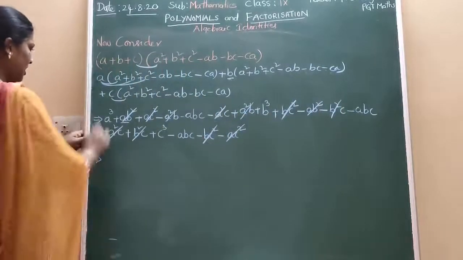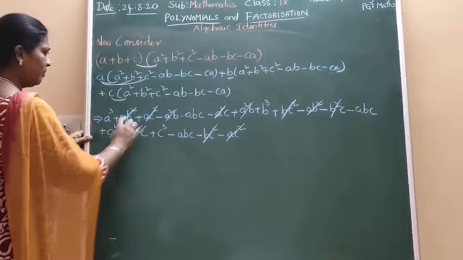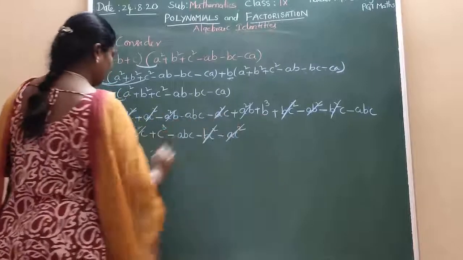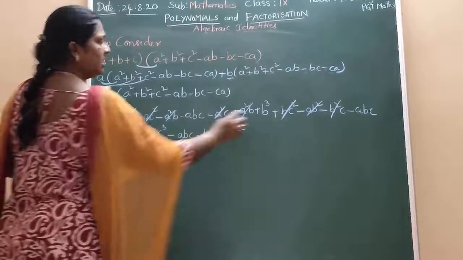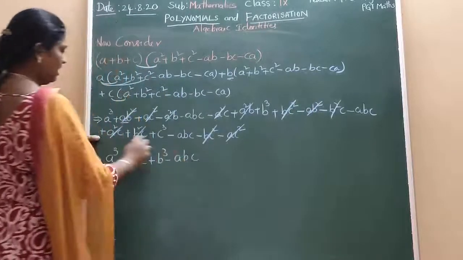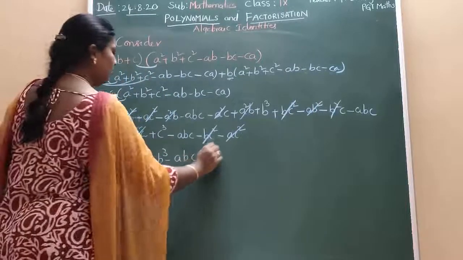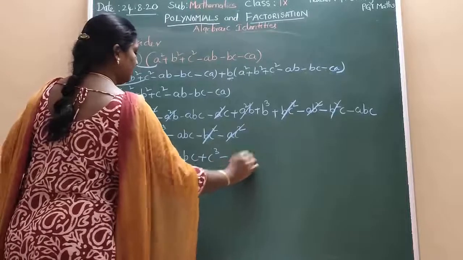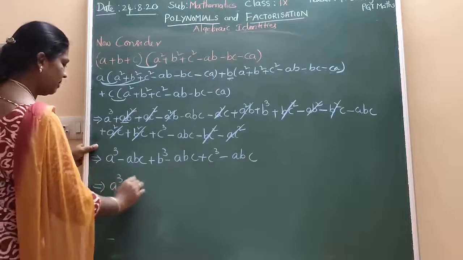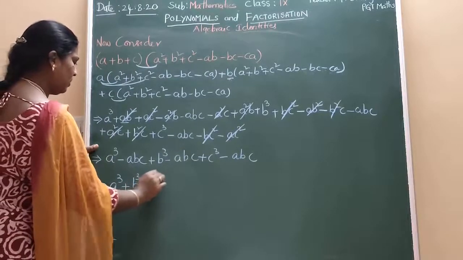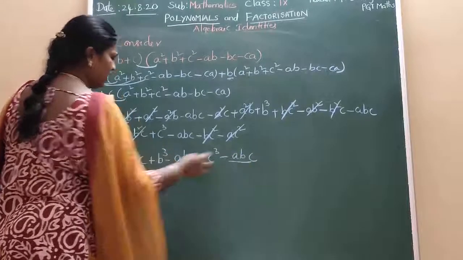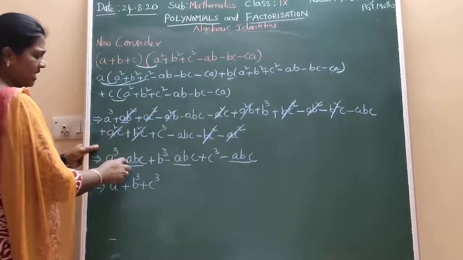What is remaining? Here we get a³, minus abc, plus b³. In the term we have minus abc. In this one plus c³ minus abc. So this is equal to a³ + b³ + c³. Here we are having minus abc, minus abc, minus abc. So these three are like terms. So how many are there?